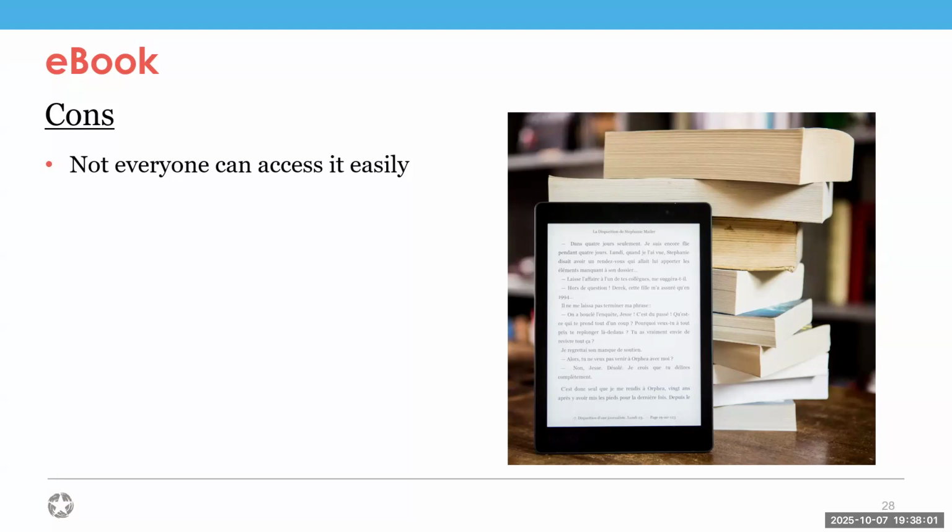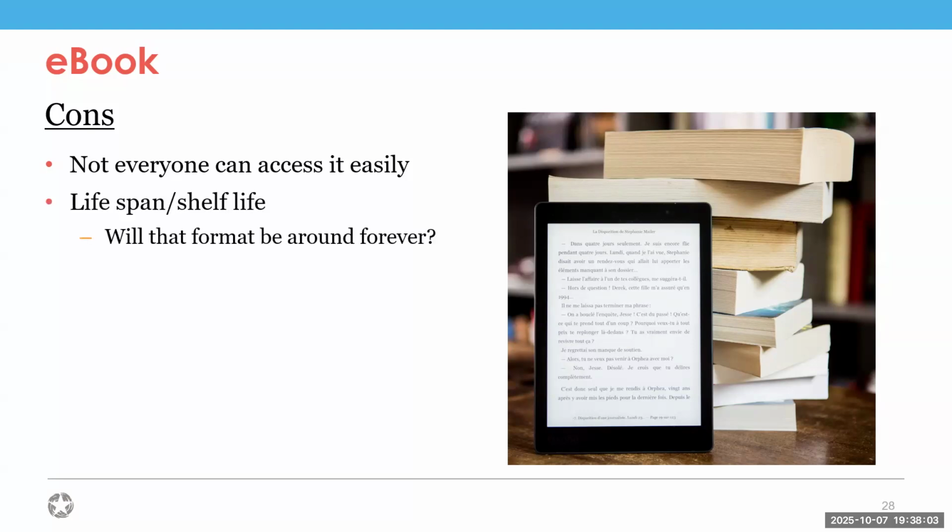Also, be wary of the lifespan or the shelf life of the format. Is this a format that's going to be around forever? So, for example, do you still have any floppy disks lying around with old documents on it? How would you access those today?